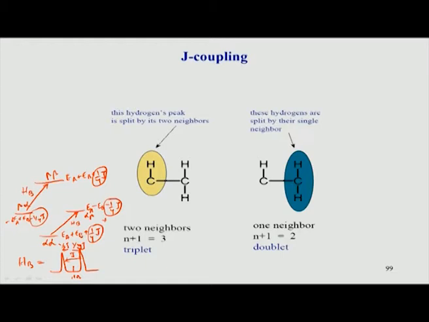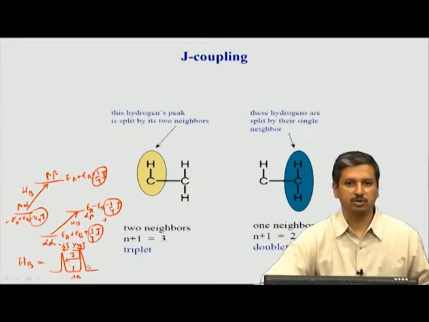So, because of the presence of the J coupling between H beta and H a, the H beta peak now gets split into 2 peaks. It is no longer a single peak, it has got split into 2 peaks because of this change in the energy of the transition. And where is this energy of transition change coming from?